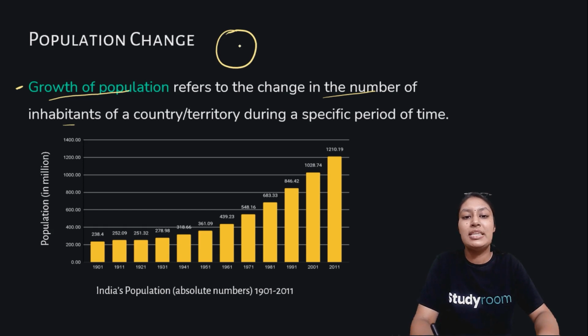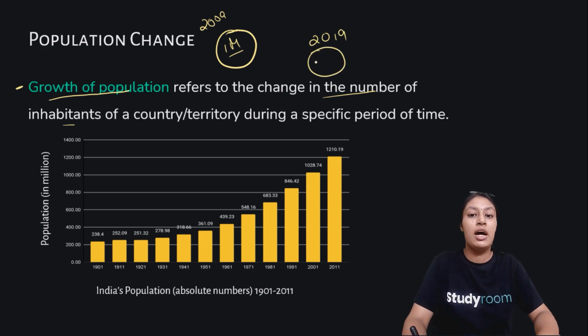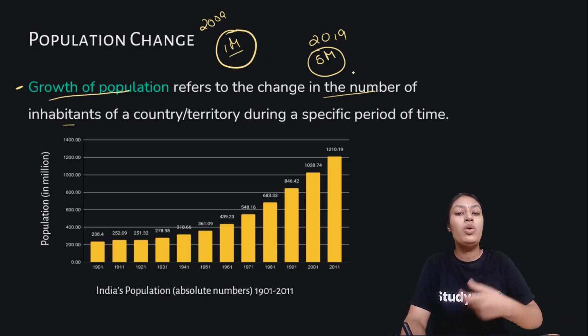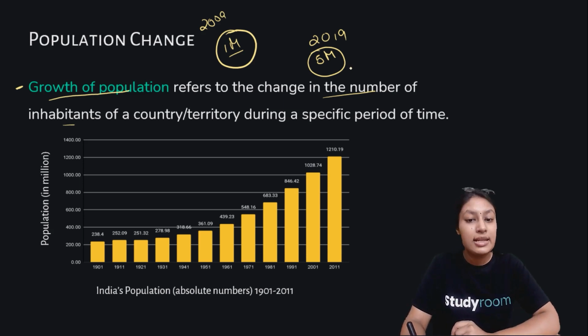For example, in this area in 2009, if there are 1 million people, then in, let's say, 2019 maybe, in the same area there are 5 million people living. So what is this change in the population? Either the number will decrease or it will increase. So simply, this is growth of population.